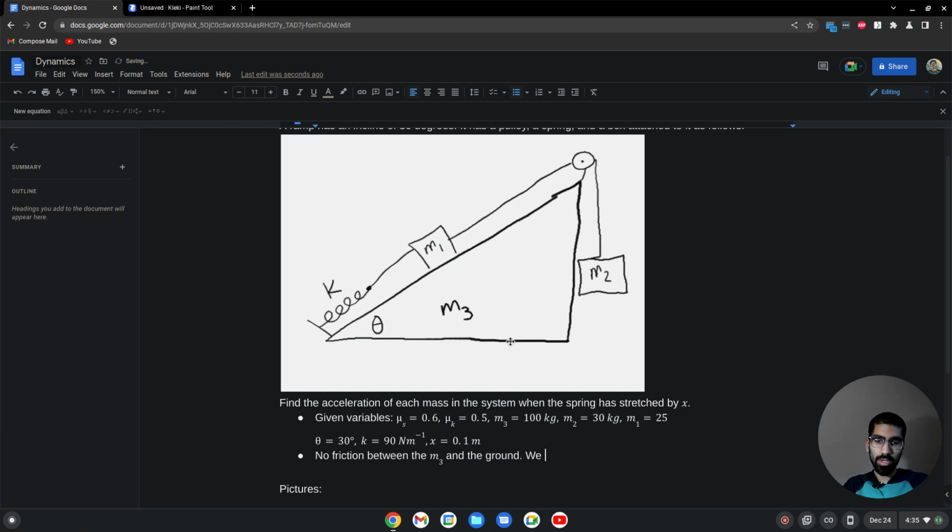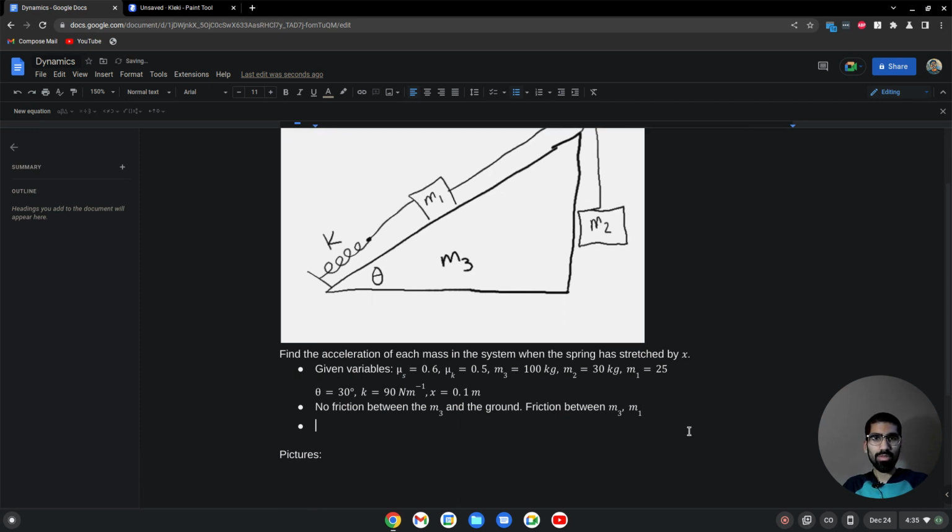We are assuming that there is friction between the ramp M3 and the box M1, and we're given the coefficients of kinetic and static friction up here, though we're not going to use both of them. We're only going to end up using one of them. Sometimes they throw out that information just to trick us.